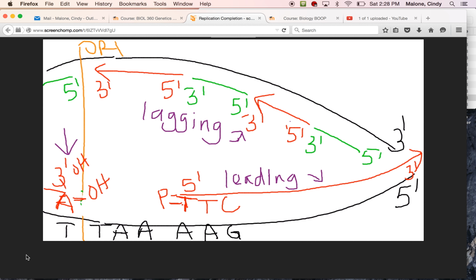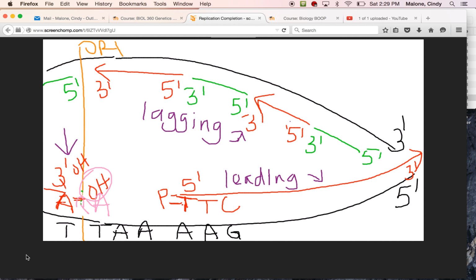Okay, so now when DNA polymerase comes in to add complementary base pairs, it has to use this 3' OH to add the phosphate of the incoming nucleotide, which would be an A, to be complementary to that T. So the new A's 5' phosphate, and the existing A over here, 3' OH.